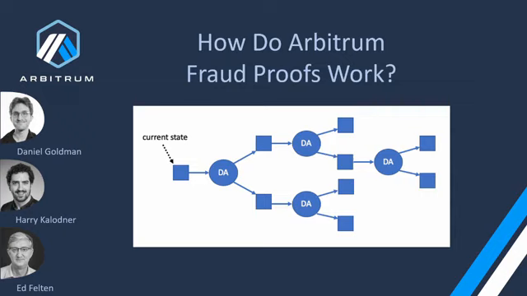In every round of this game, you're reducing the size of the execution that they disagree about by a factor of 100. After 5 rounds, you're down to a disagreement about one step of execution, like just an add instruction. So if Alice and Bob have narrowed their disagreement down to a single instruction, let's say that Alice is making a claim about what the result of that one step of execution is.